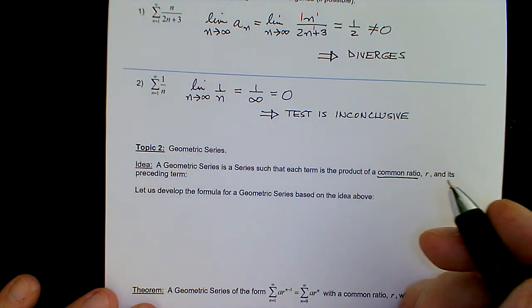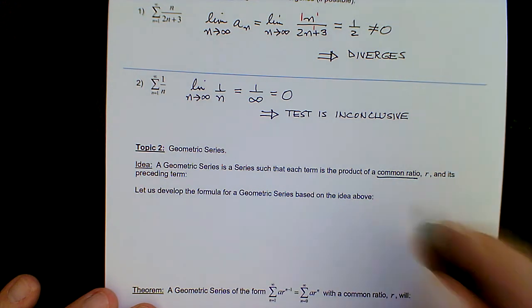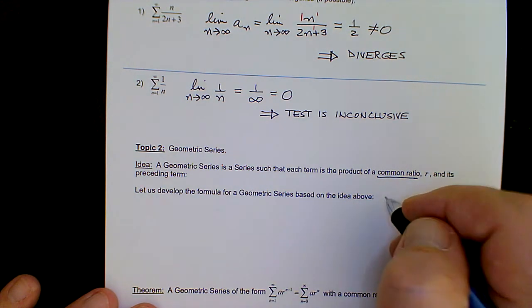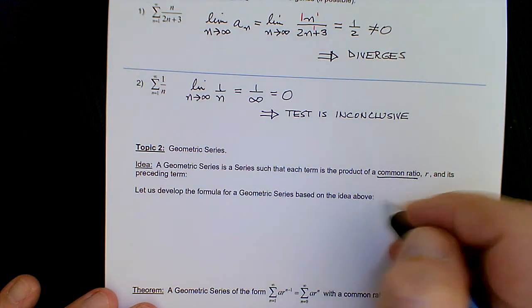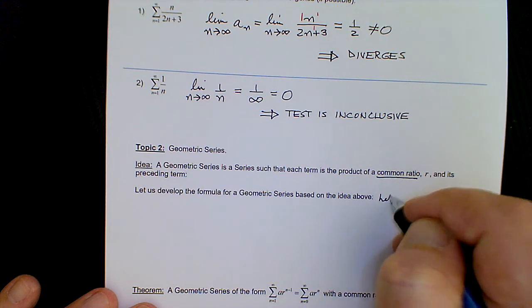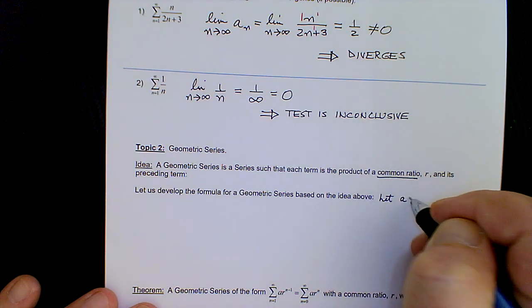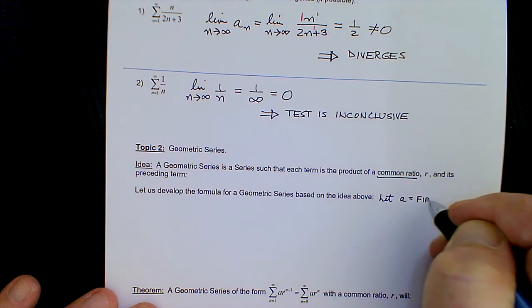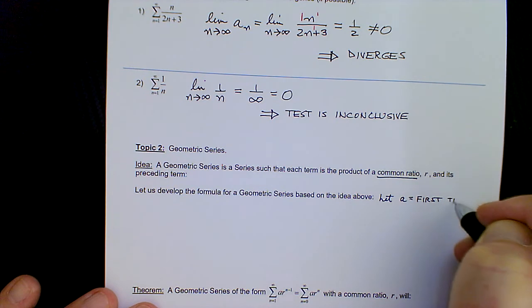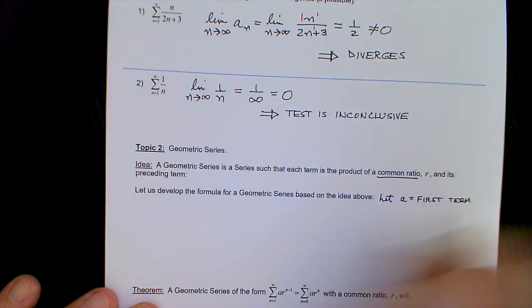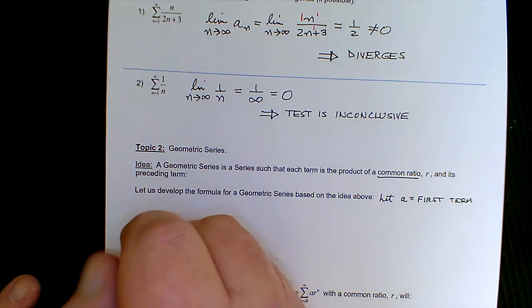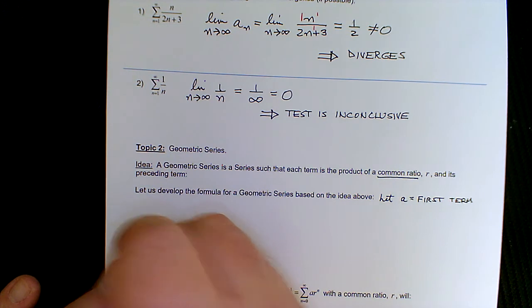And let's say this, let a equal the first term of the series. So the first term in the series is going to be a. The next term is going to be that common ratio times the preceding term a. So ar.